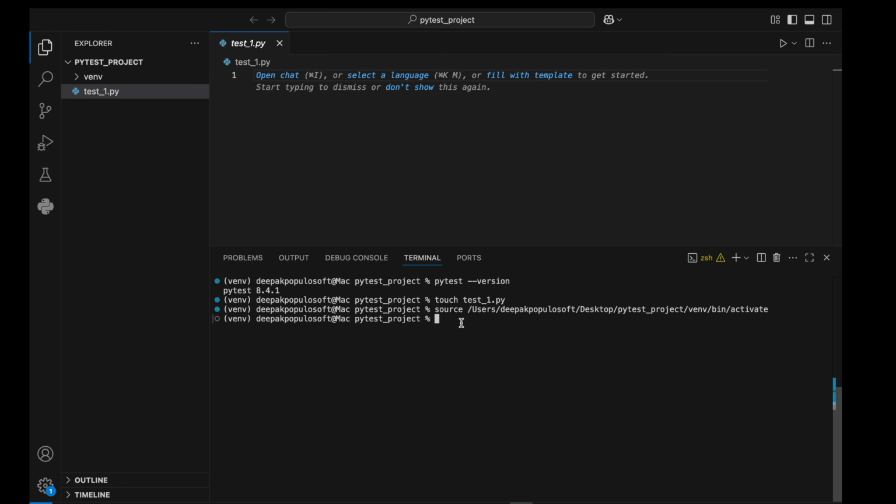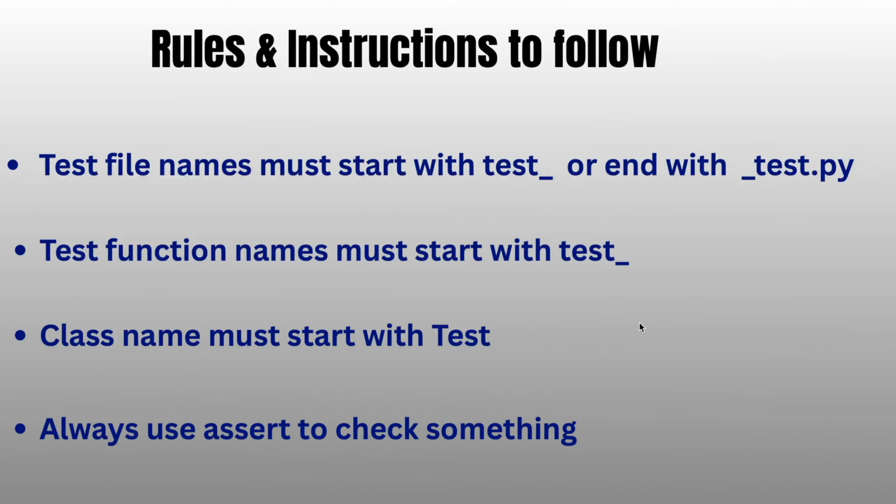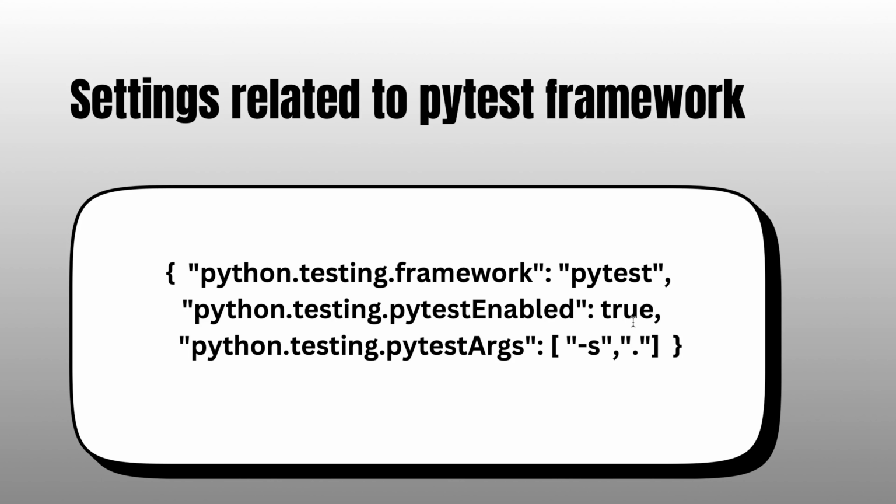After that, I want to give some instructions to my Visual Studio Code that you have to follow for this specific project, and I want to show you those instructions. The instructions are like, I'm telling my Visual Studio Code that you have to use the Pytest framework for this specific project, and whenever you see file names that start with the word test underscore or end with the word underscore test.py, then you have to activate the Pytest framework.